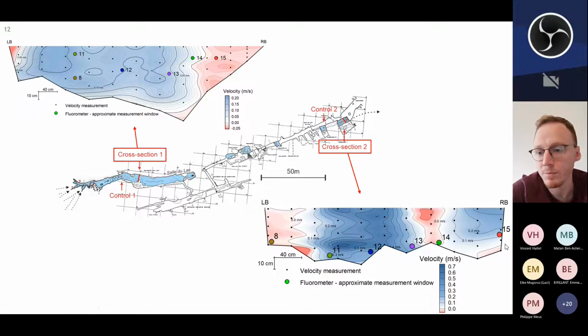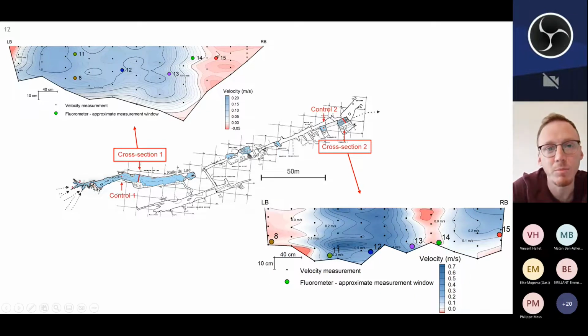For cross-section 2, we have the same colors, but this time it's going from minus velocity to more than 0.7 meters per second. So it's much higher. So we probably have a much more advective flow on the cross-section 2 with much more turbulence.